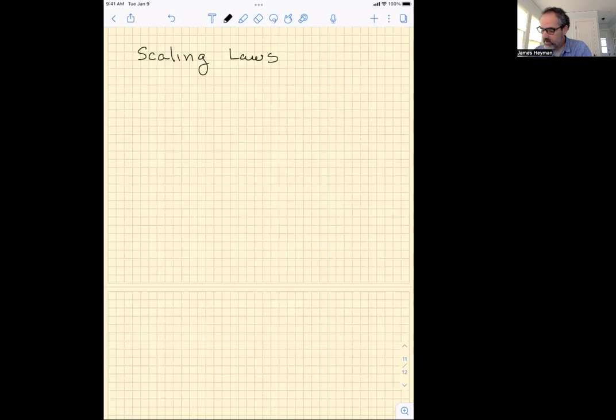Very good. As I mentioned, we've been talking about scaling laws. We defined what a scaling law is and talked about the characteristic dimension. And then we talked about how scaling laws can determine how strong something is, and really what strength means for a material.